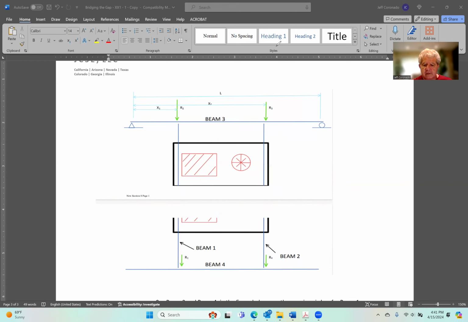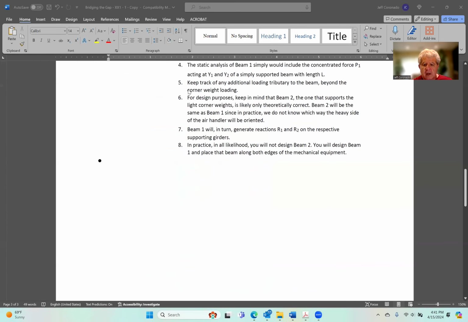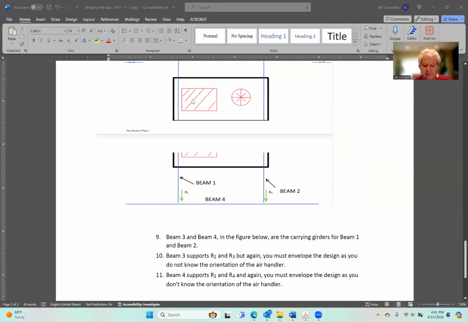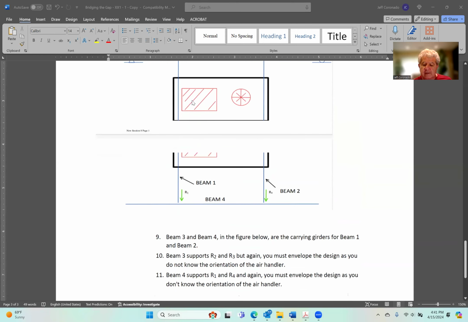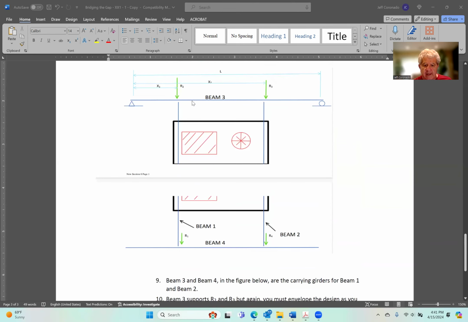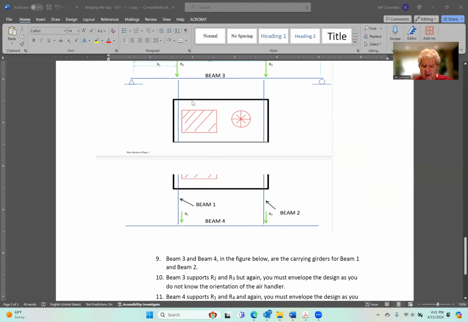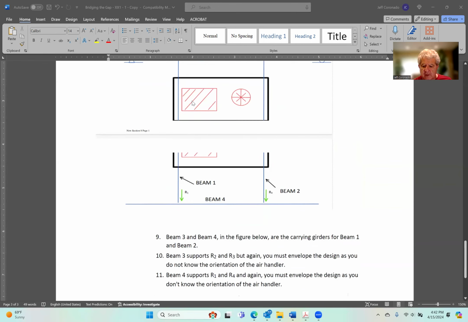Let me clear this. Okay, beam 3 and beam 4, and again, it says in the figure below because that's how it's oriented in the in-house manual, but here we're looking at above the notes, are the carrying girders for beams 1 and 2.